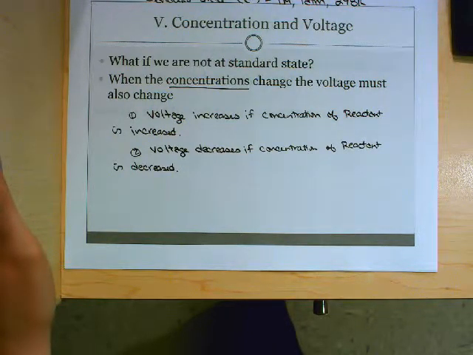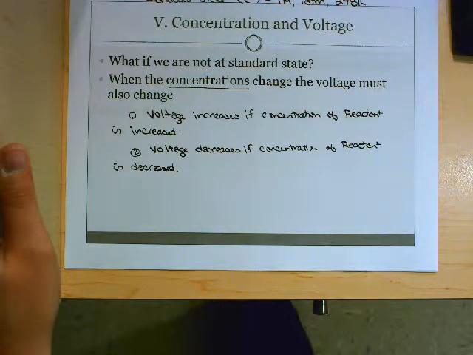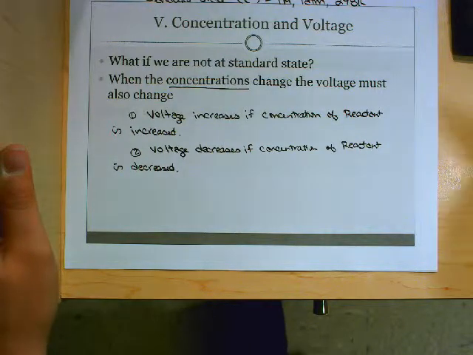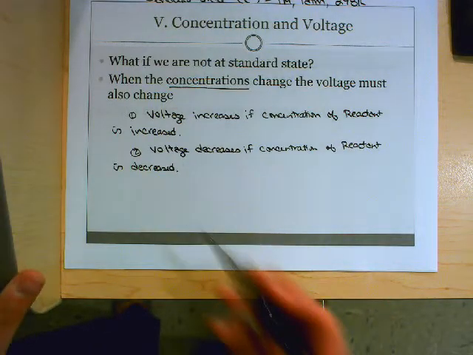What does voltage have to be if it's spontaneous? Positive. So which one makes it even more positive? Option 1. So if the concentration of reactant increases, voltage increases. That should make sense: I have more reactant, which shifts to product. The more products I'm making, the more spontaneous towards products, therefore voltage has to increase.